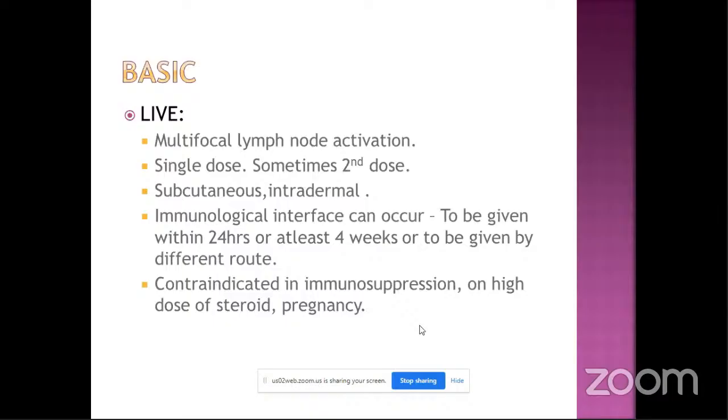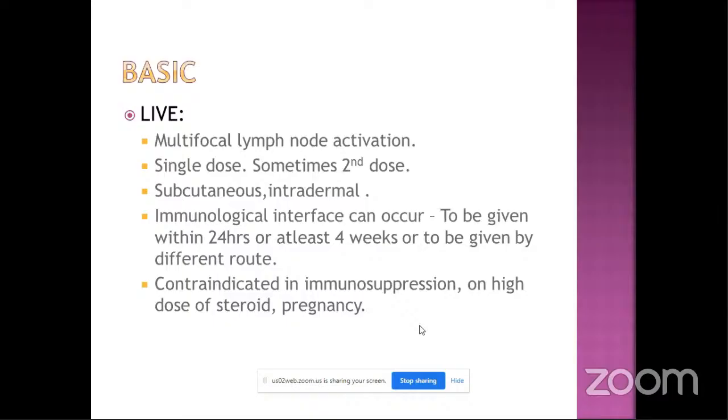Another important basic thing about the live vaccine is that it has immunological interference. So if you're giving live vaccines like 1, 2, 3 together, it's okay. They have to be given within 24 hours, or you cannot give one vaccine today and another live vaccine after a week.